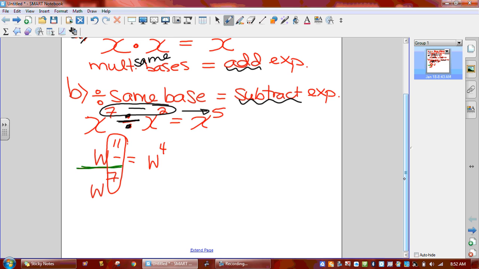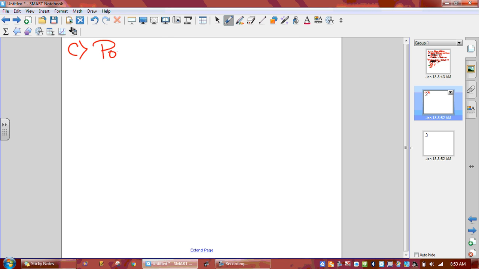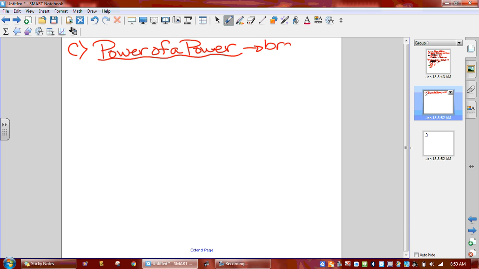Okay, we're going to move to our next law. So, letter C, our next law is power of a power. Now, with our power of a power law, we always have brackets. All right, so here's an example.